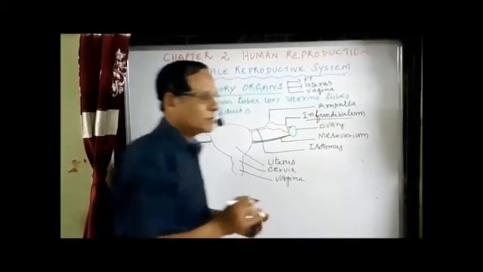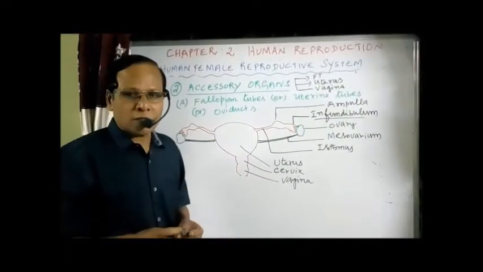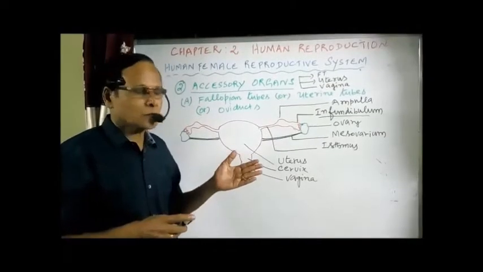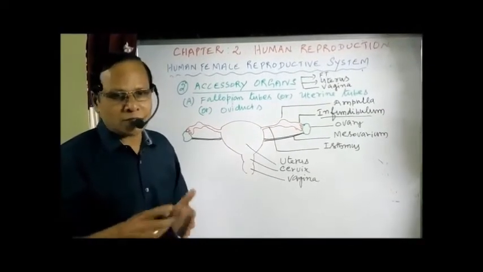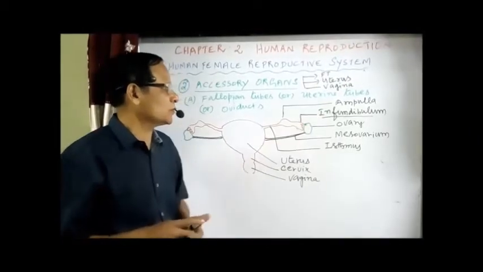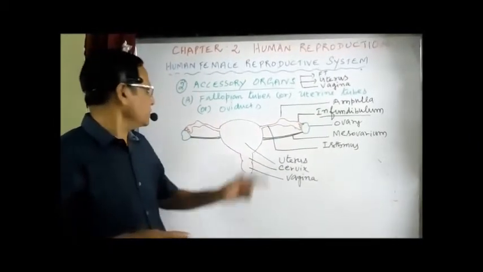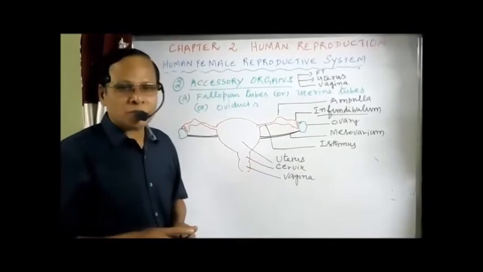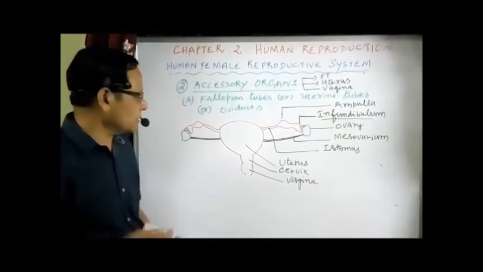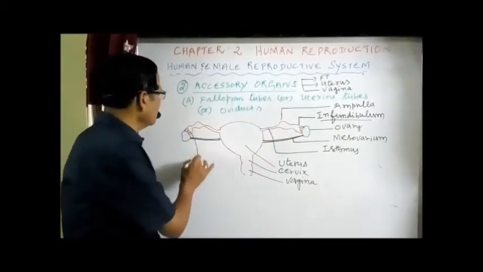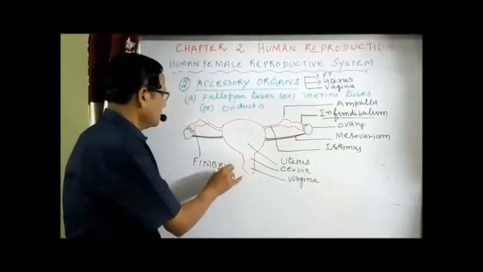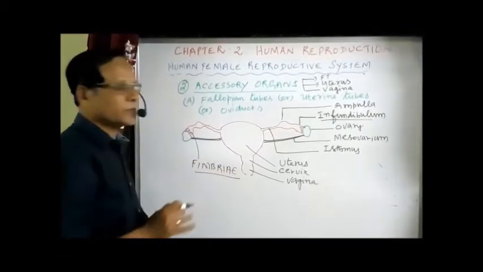Terminal or proximal end is in the form of a funnel-shaped structure called the infundibulum. This infundibulum bears many finger-like structures called fimbriae.